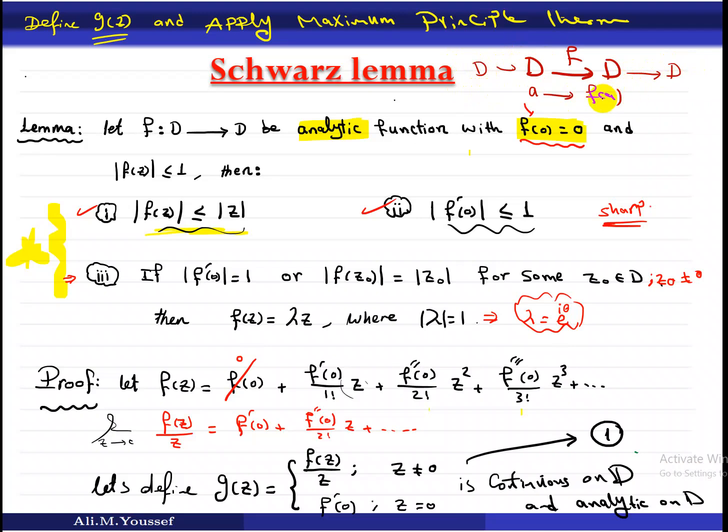If I want to go from f of a to 0, I'll compose it with phi f of a, and here phi minus 1. So we can go from 0 to 0. Phi minus 1, f, phi, and define the function g to get to the first result for the Schwarz lemma. Let's see.